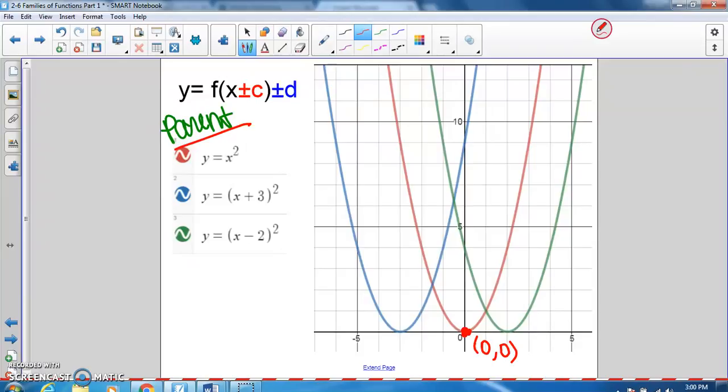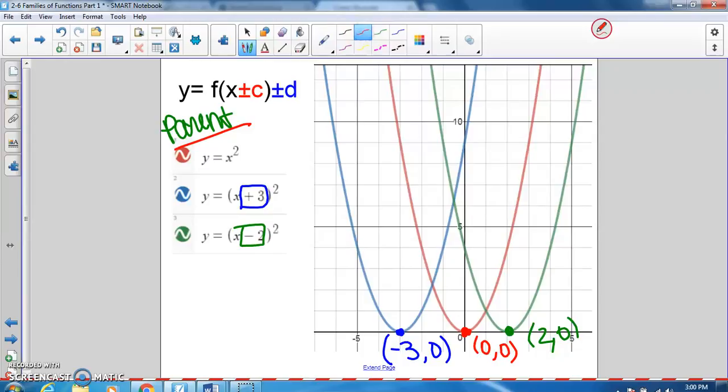But now we have a blue function, which is x plus 3 squared. But if we look at our graph, the blue function has a vertex of -3, 0. So when we were positive, we moved to the left, and when we are negative, -2, we are moving to the right 2 to make our vertex 2, 0.